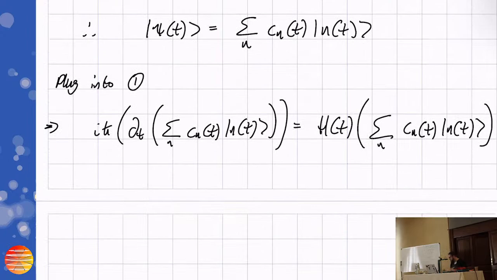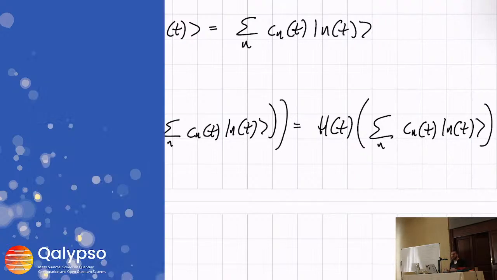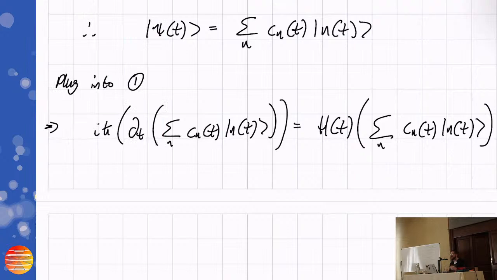Now, you'll see that every term here is time-dependent, so I'm going to make the notation a little more brief. We're going to drop the explicit time dependence from now on. Just remember, every time I write down a C_n or an |n> or an H, all of them are implicitly time dependent. And we're going to use the dot notation to denote time derivatives. So we can expand this out.